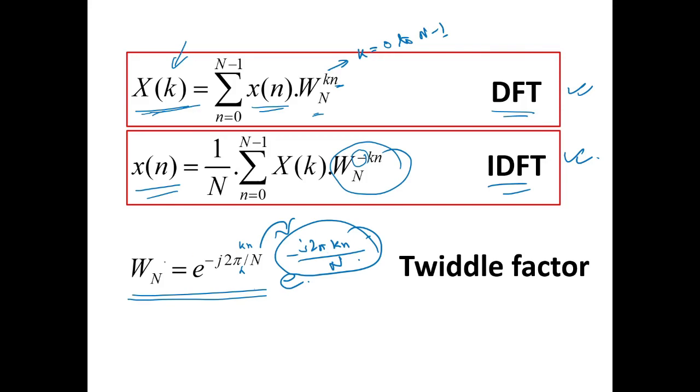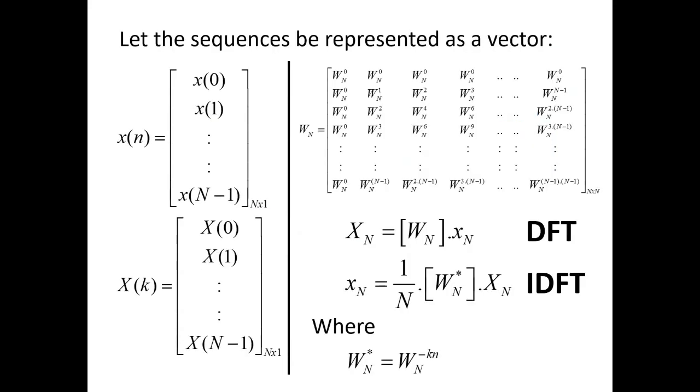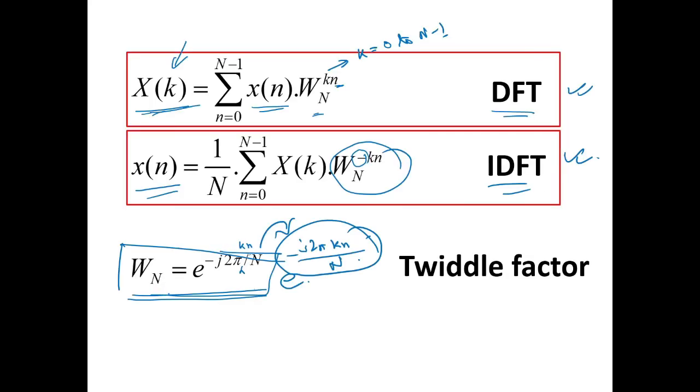This factor, except the kn, is regarded as the twiddle factor. And tomorrow we will start with the importance of the twiddle factor, and from there we will take it up.